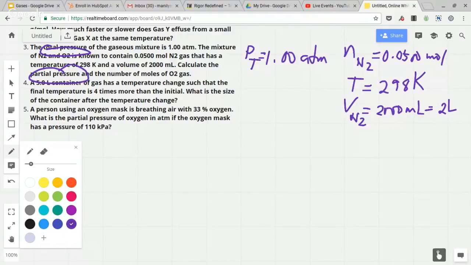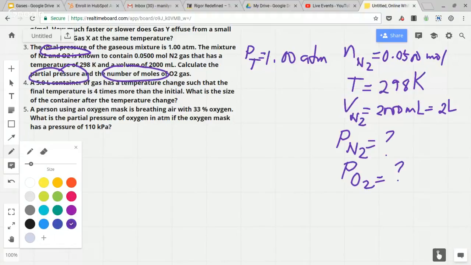And then you are asked to solve for the partial pressure of N2, so that's PN2? You're asked for the partial pressure first of N2 and then later on the number of moles of O2. I mean, you're asked for PO2, sorry, but you can't get PO2 without getting PN2 first.